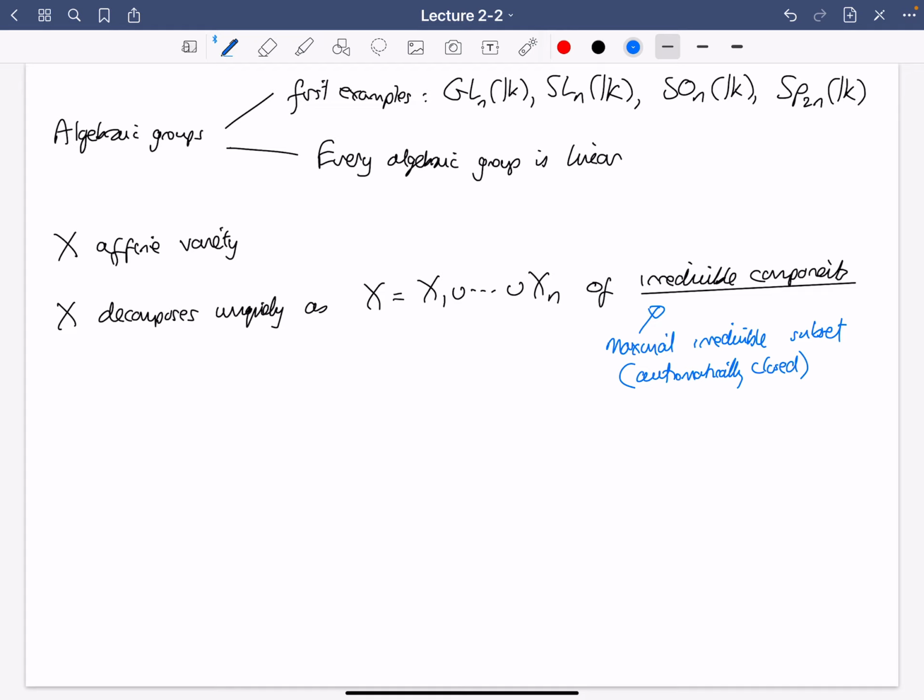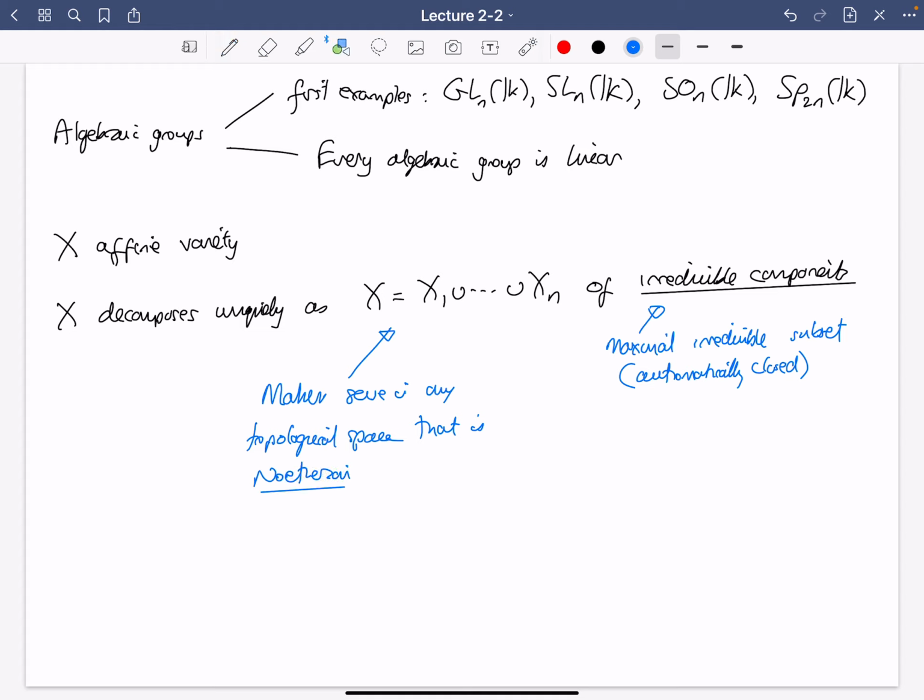And so this decomposition makes sense in any topological space, but you need some finiteness. What you need is that the topological space is Noetherian.